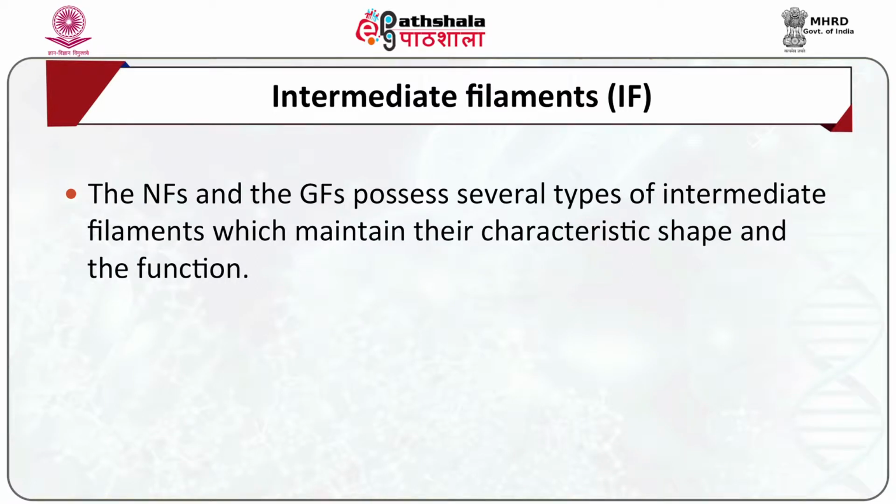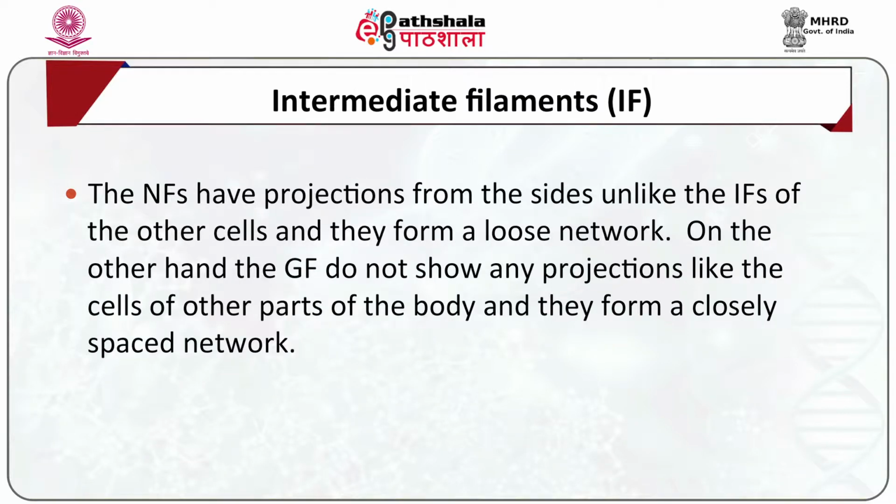The NFs and the GFs possess several types of intermediate filaments which maintain the characteristic shape and functions. The NFs have projections from the sides, unlike the IFs of other cells, and they form a loose network. On the other hand, the GFs do not show any projections, like the cells of other parts of the body, and therefore they form a closely spaced network.